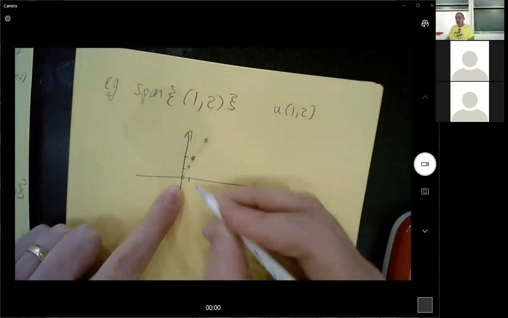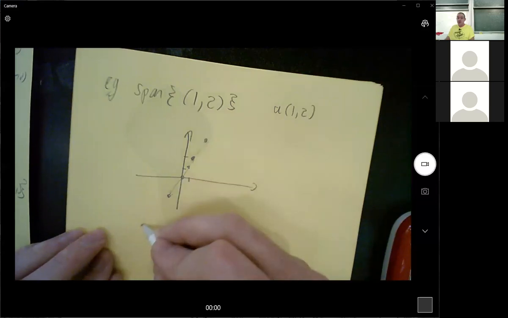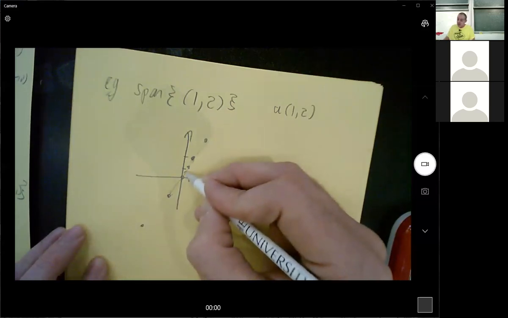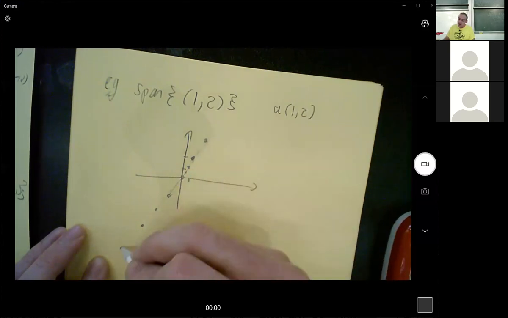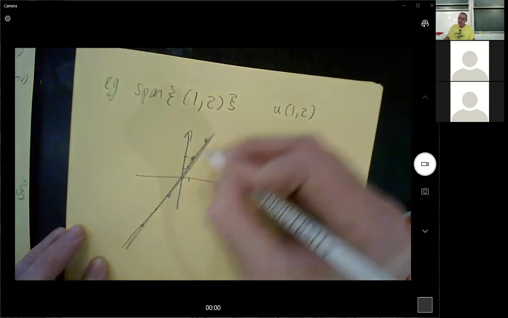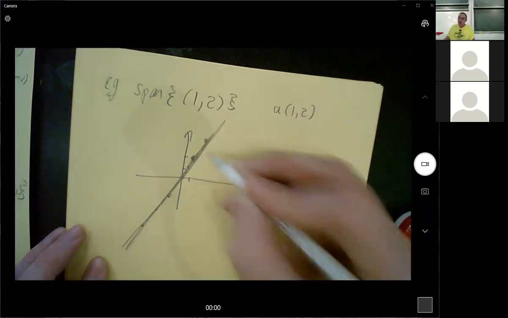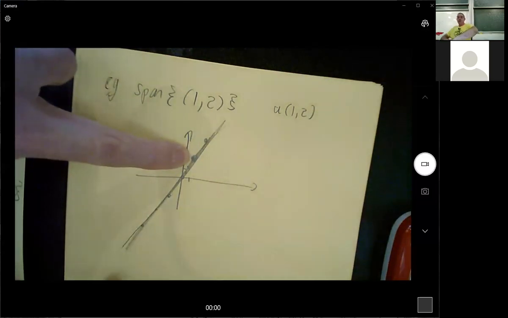Half of 1, 2 would be there. Minus 1 of 1, 2 would be the opposite direction. Minus 3 of 1, 2 would be there. And I could put in a third of 1, 2 and 1 1/2, minus 1 1/2 of 1, 2, and I could fill out all of this. So this vector 1, 2 produced the line.